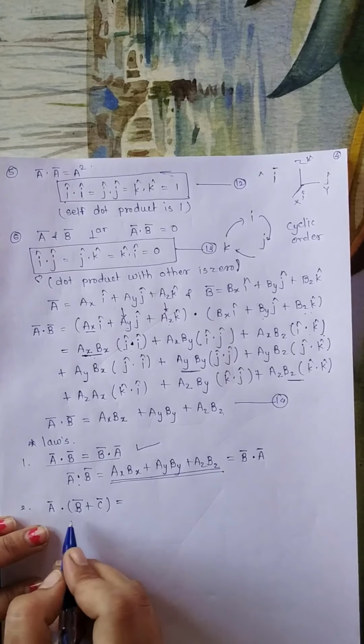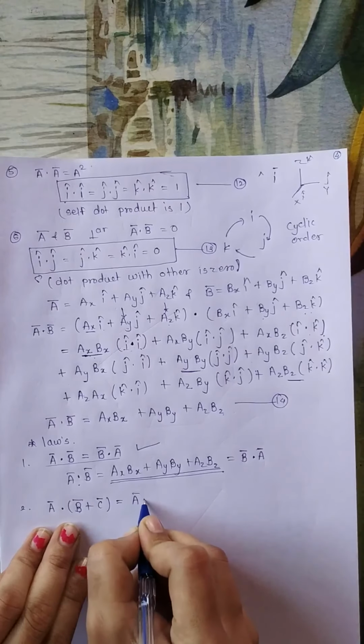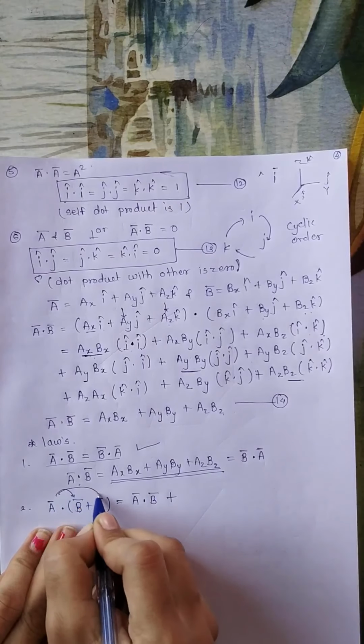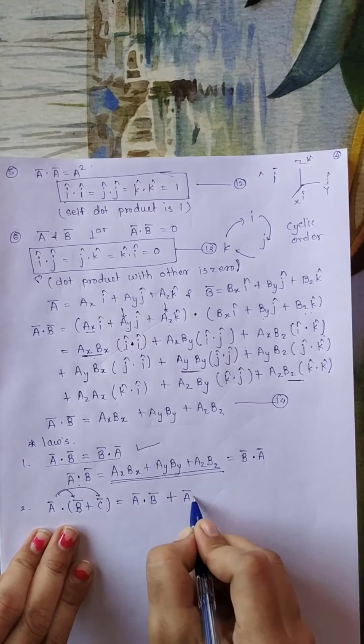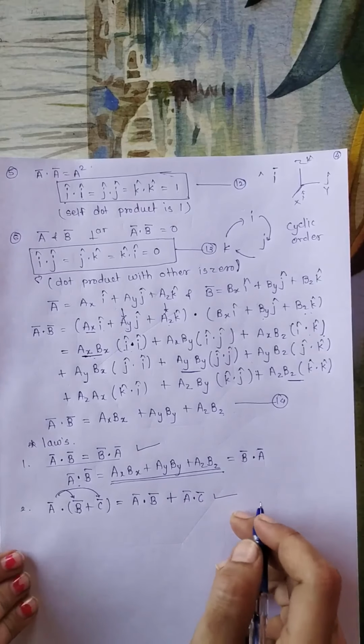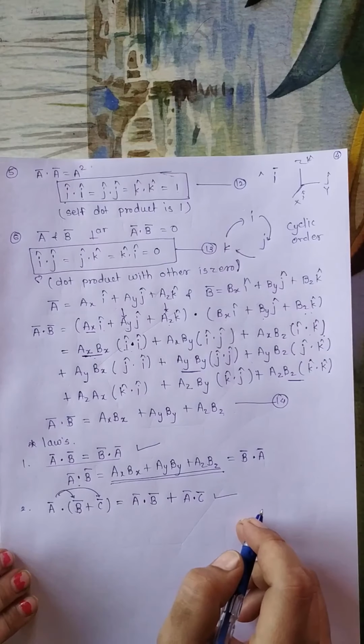Means as in normal multiplication, I can do here a bar dot b bar plus a bar dot c bar. So this distributive law of multiplication is followed by the dot product.